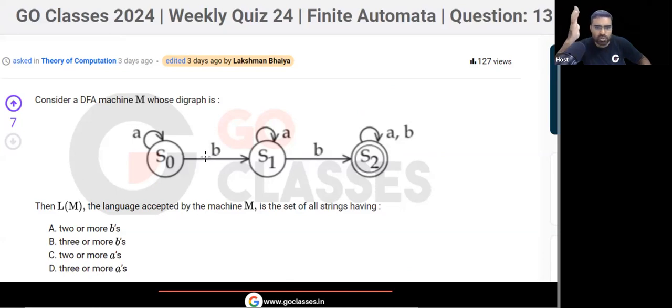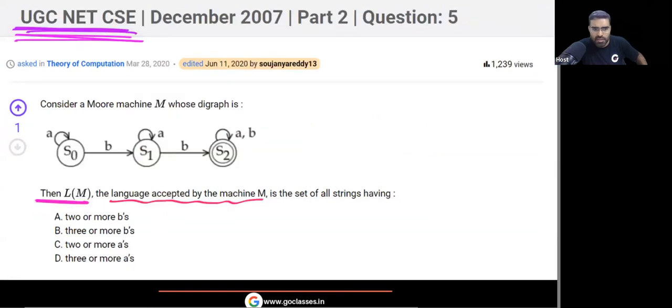In this question, you can use your common sense and see from the options that yes, S0 is the initial state. Is this point clear? So this is your initial state.